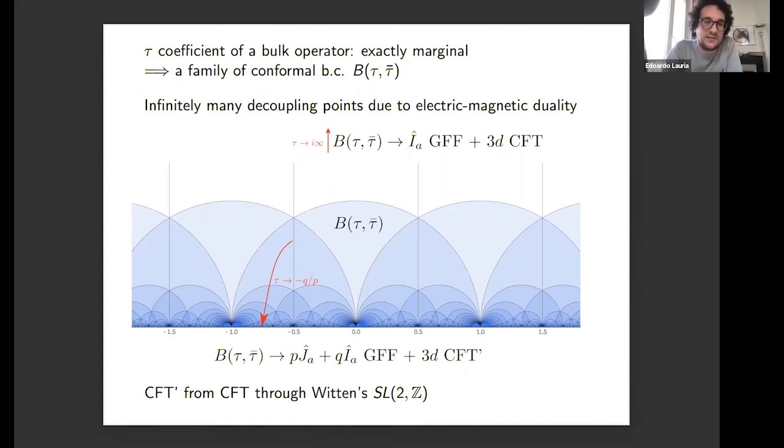As Matteo said, this is only a representation of the fundamental domain of SL2Z. The only point I wanted to add is that these rational cusps physically correspond to points in which the boundary and the bulk decouple. So this corresponds to singularities of the physical theory. That was also just my point.